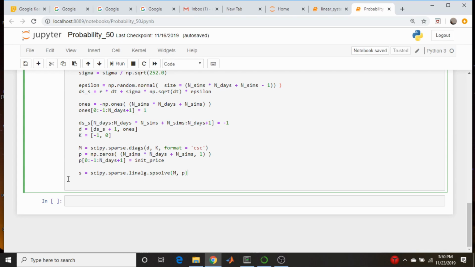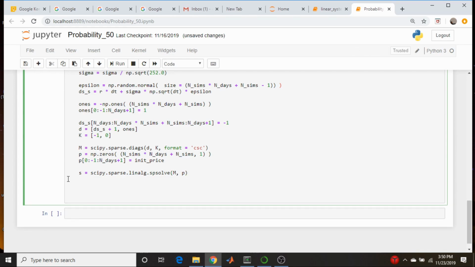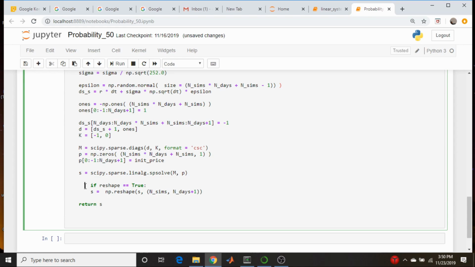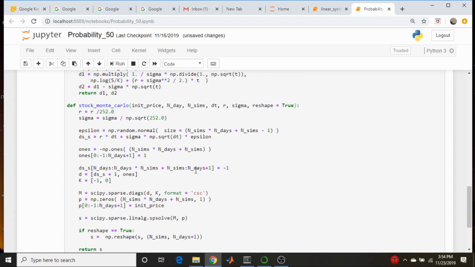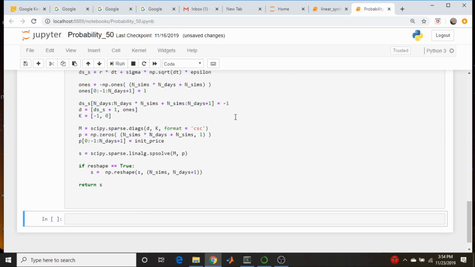So let's just reshape this thing if the reshape input is set to true. So we just do the reshape thing and then return our matrix or column vector as the case may be. Okay, took care of one typo off screen here. I had misspelled true up in this function definition, so I fixed that.